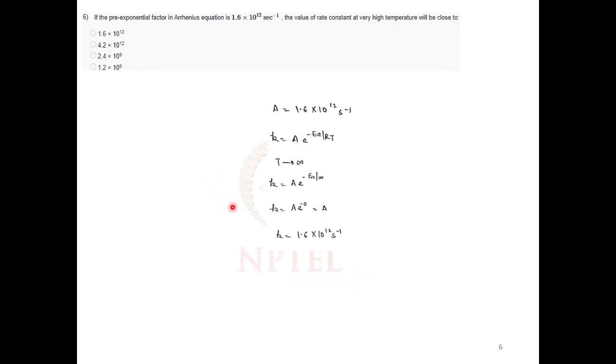Next question, here you need to find this pre-exponential factor. So this pre-exponential factor is the value for the rate of the reaction, k equals A e to the power minus Ea by RT. They are saying that the pre-exponential factor is the value of the rate constant at very high temperature. High temperature means this exponential term is very small, so k can be written as A, right?